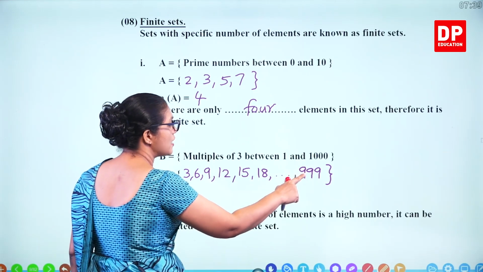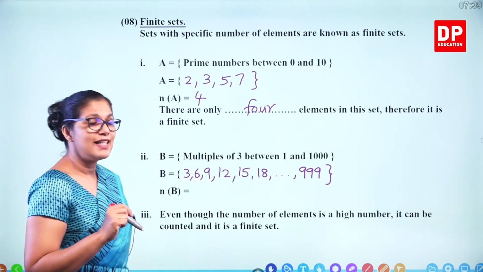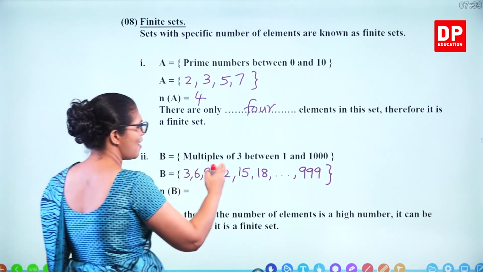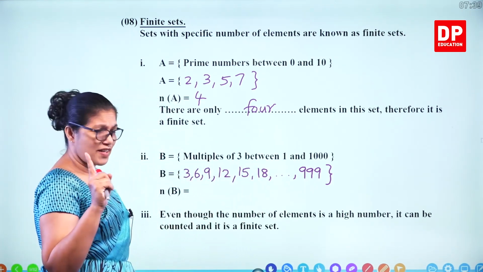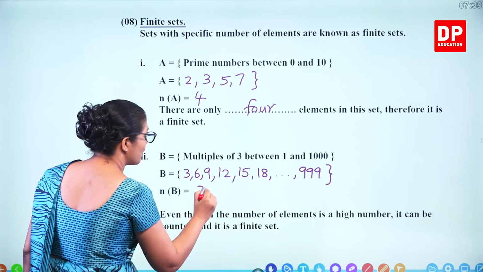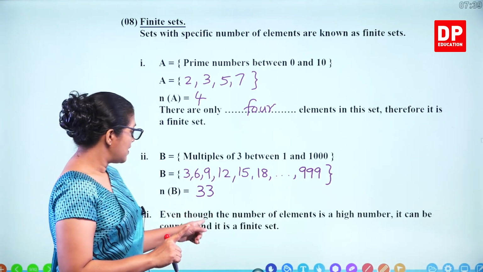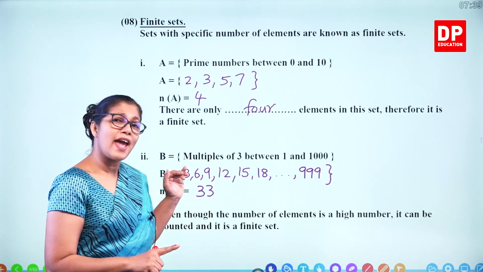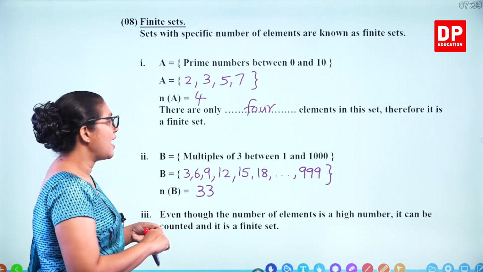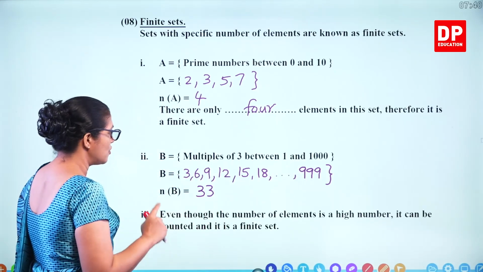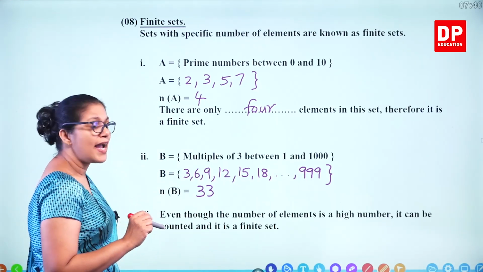That's the largest multiple of 3 less than 1000. So how many numbers are there? When you count, you get 333. So this is finite because you can count. We know that it takes time, but there's an end to that. So this is also a finite set.